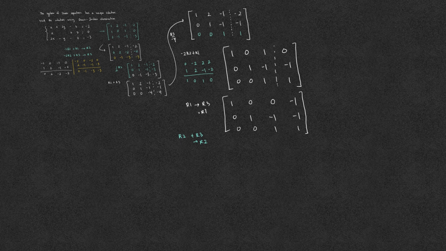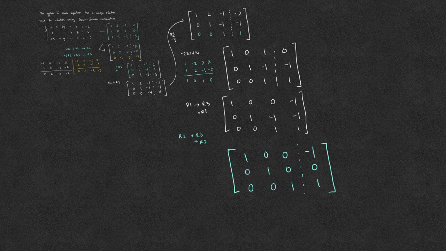The new equivalent matrix is now 1, 0, 0, -1. If we take row 2 and add row 3, we will get 0, 1, 0, 0. And then row 3 is still 0, 0, 1, 1. This matrix has 1 in the diagonals and 0 above and below those 1s. It is now in reduced row echelon form.